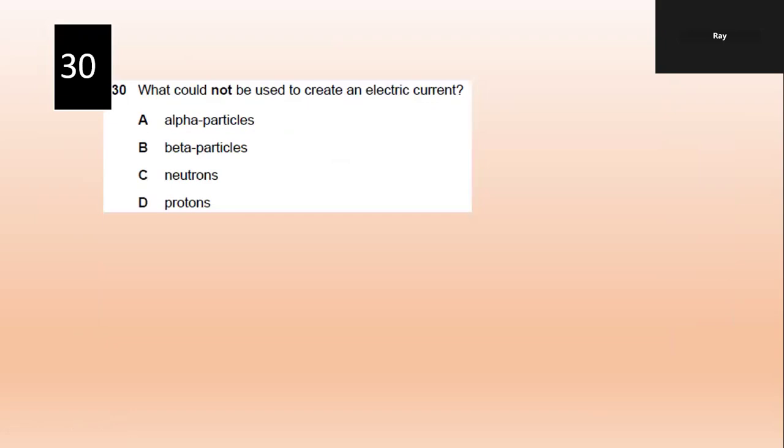But could not be used to create electric current. Neutrons. Neutron, yep.